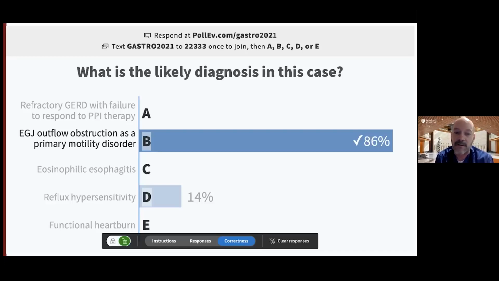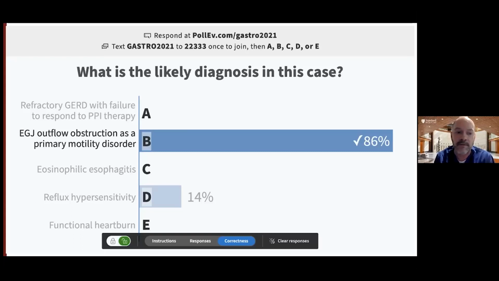And just because the natural history of this is unclear, that's often my first line step. If I'm forced to go beyond that based on severity of symptoms, persistence of symptoms, et cetera, then whether it's pneumatic dilation versus POEM versus Heller myotomy, it almost becomes dealer's choice.